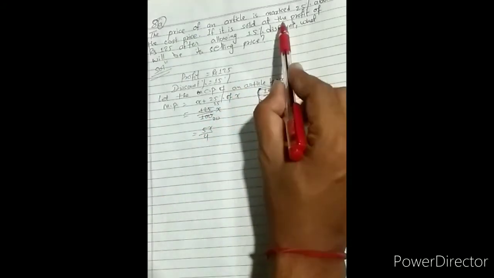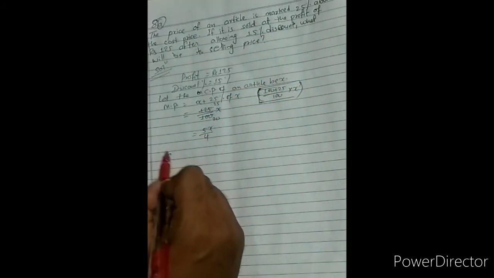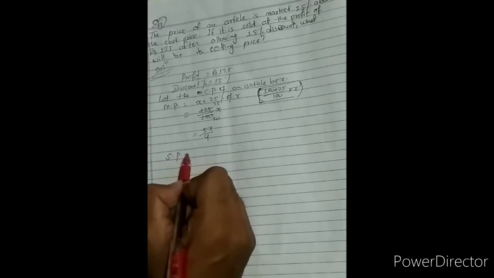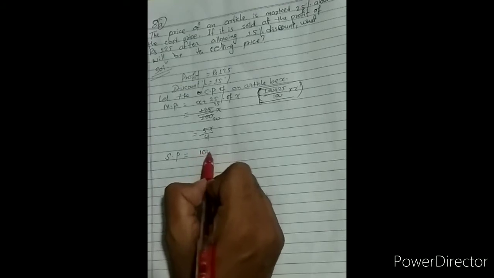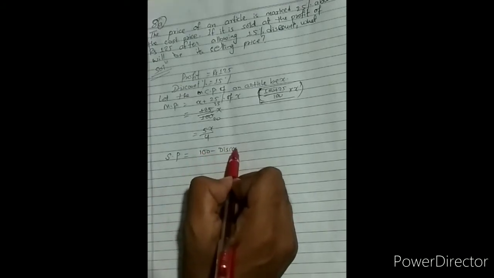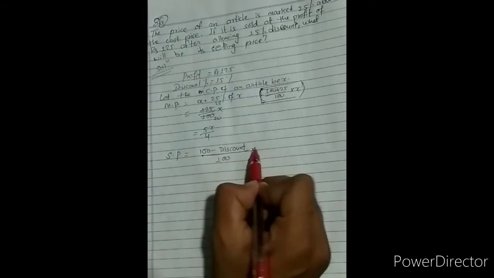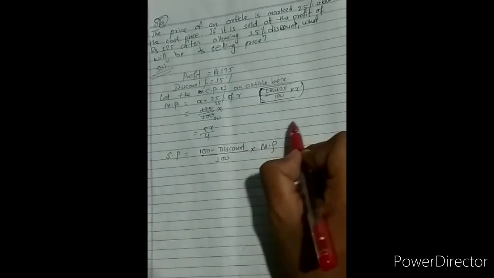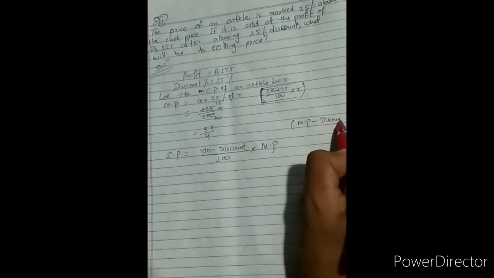And then 15% discount. So let's find the selling price: MP minus discount percent of MP.